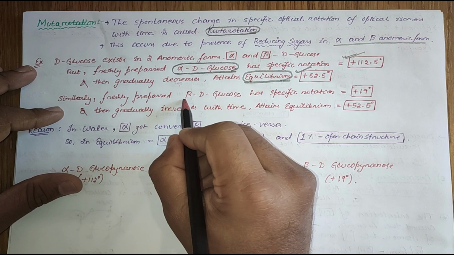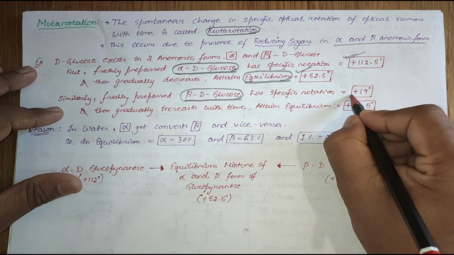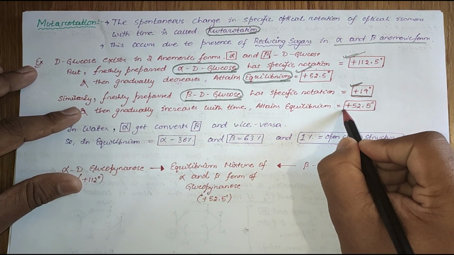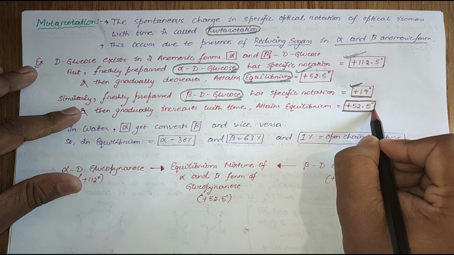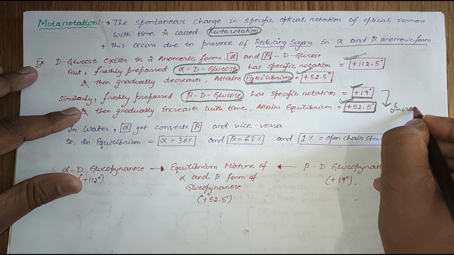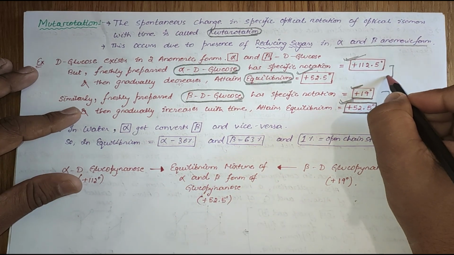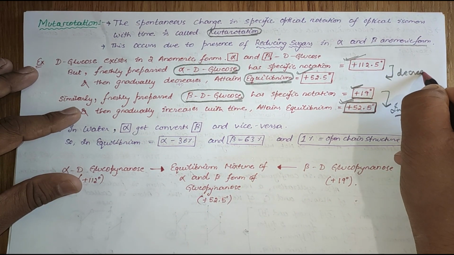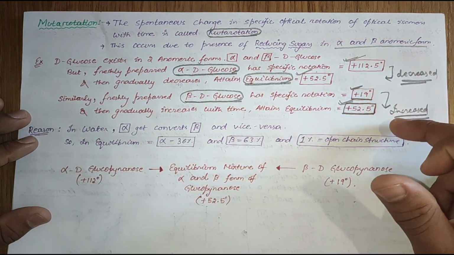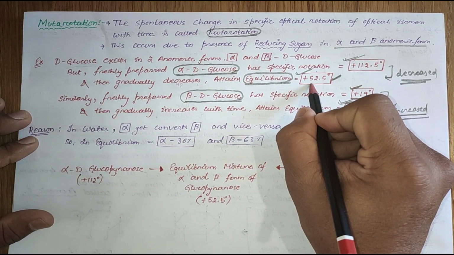Similarly, when freshly prepared beta D-glucose is prepared, it has a specific rotation of plus 19 degrees and then gradually increases with time and attains an equilibrium of 52.5 degrees. Here it is increased. The optical rotation increased. There it decreased. What is the reason behind this increasing and decreasing and coming to a stable optical rotation, that is 52.5 degrees?